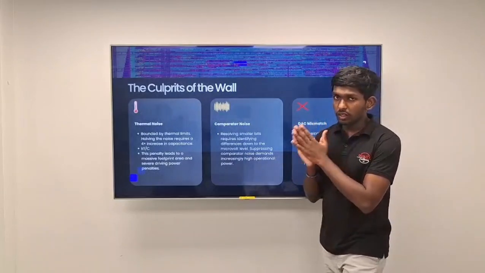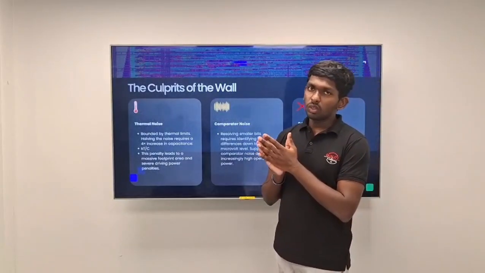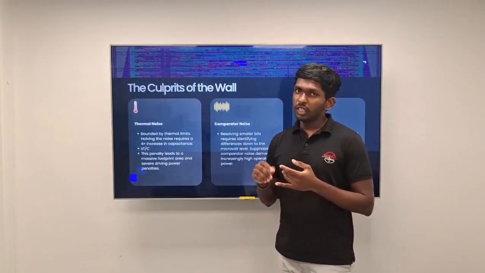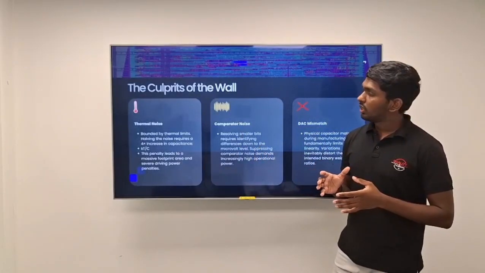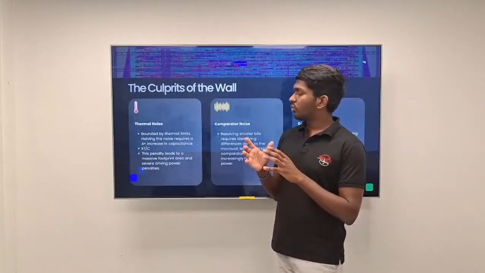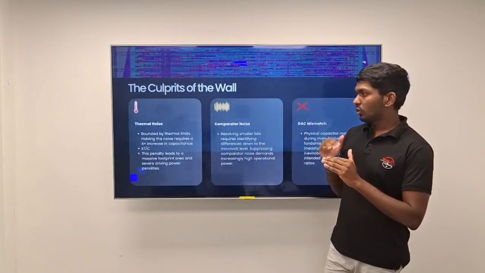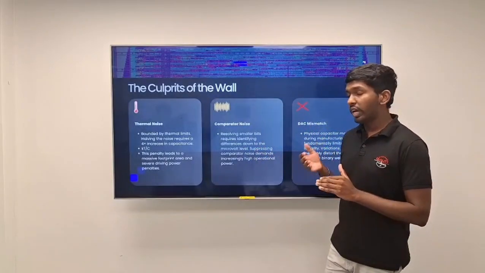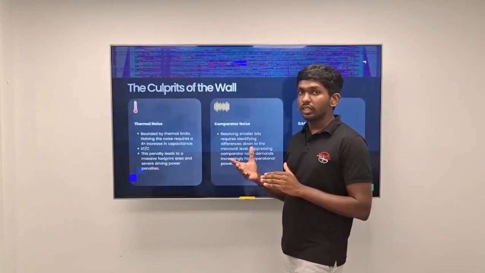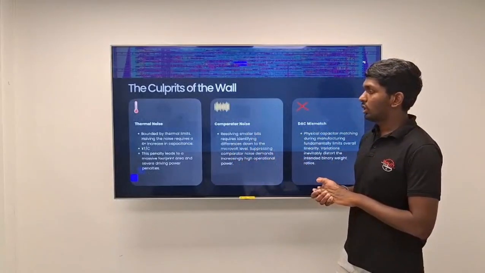The first one is thermal noise, because everything in the analog world is bounded by thermal noise. Usually, to decrease the noise to half of the original noise, we have to increase the capacitor sizes 4 times.